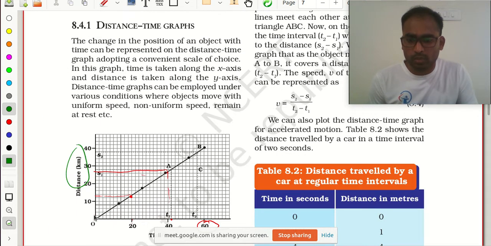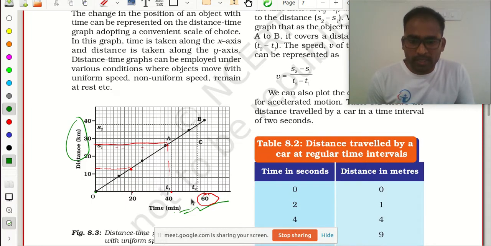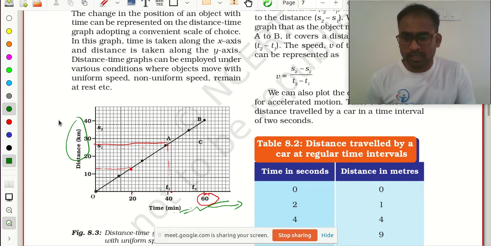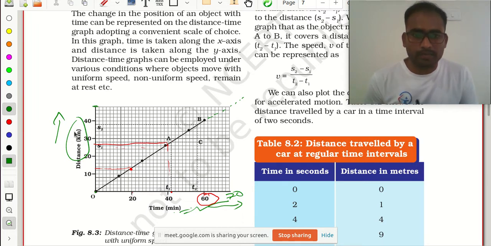I already told you: if my time increases, my distance also increases. Suppose next here, let's say 70, it will go like this, then here, this is my distance. Clear?